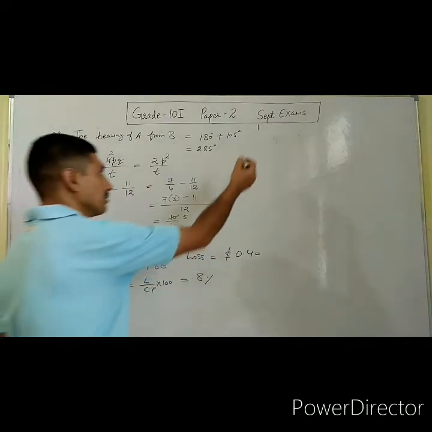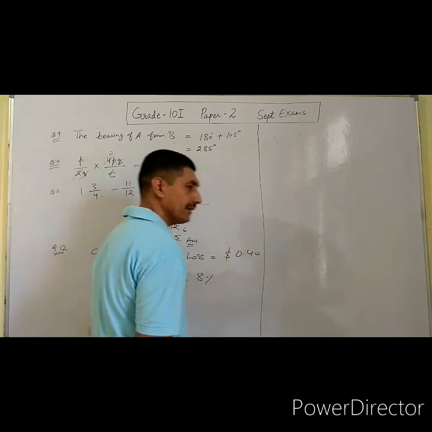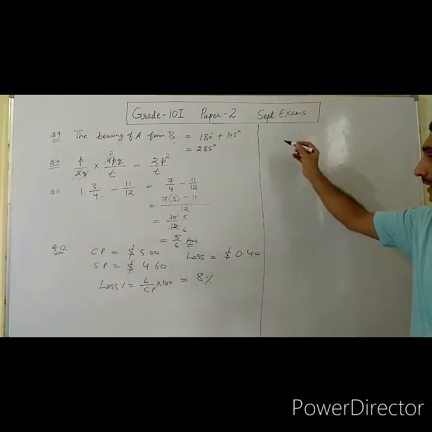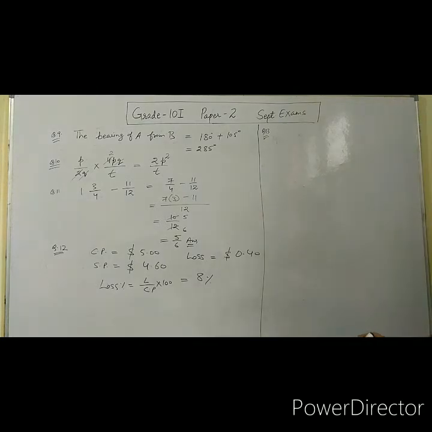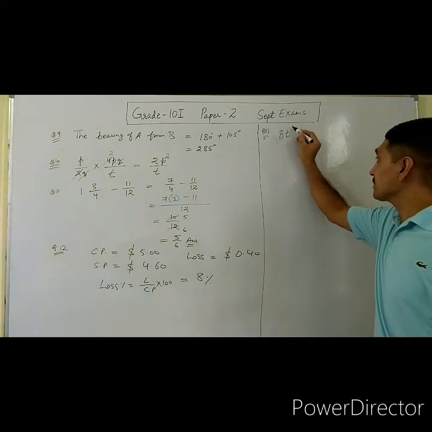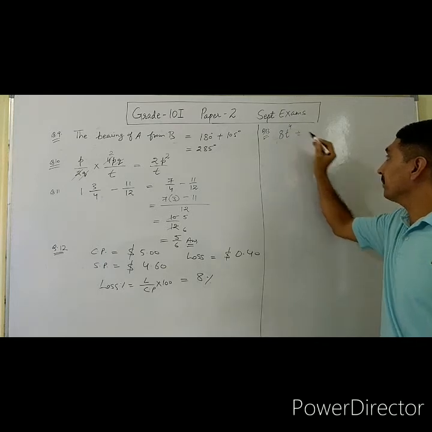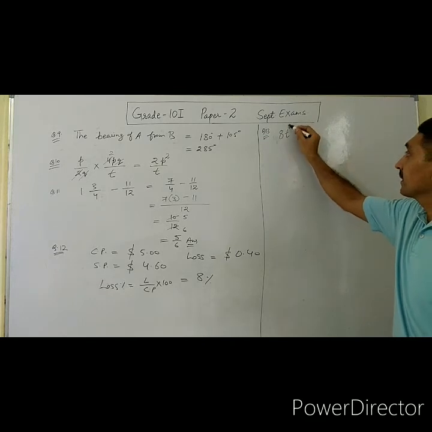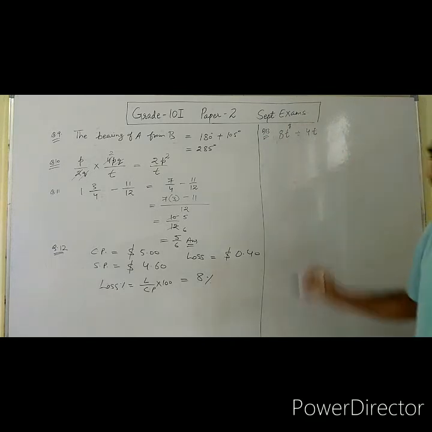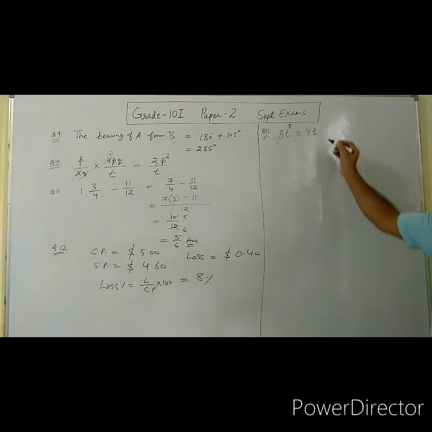Now next question, question number 13. Question number 13 is simple. Simplify 8t raised to power 8 divided by 4t raised to power 4.